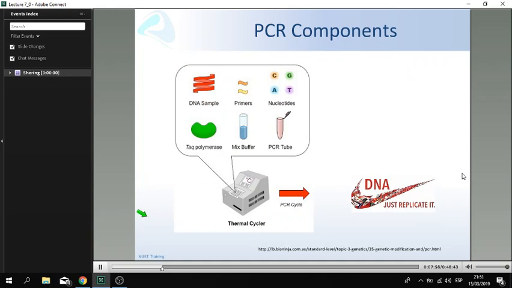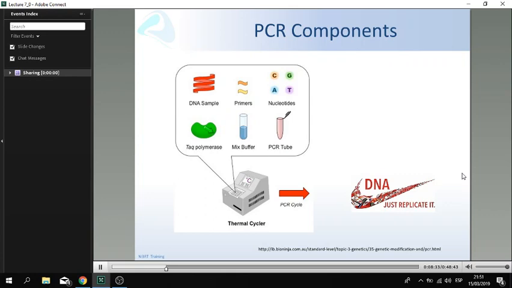When doing PCR, there are a few components that you need to have in order to replicate your DNA. So you need your DNA sample that you want to replicate, or your sample which contains the gene that you want to replicate. You need to have primers, so we'll talk about all of those components in more detail, but you need primers to actually bracket the area of the whole DNA that you want to amplify, because you don't want to amplify absolutely everything. Then you need to have those building blocks or nucleotides in order to copy DNA.